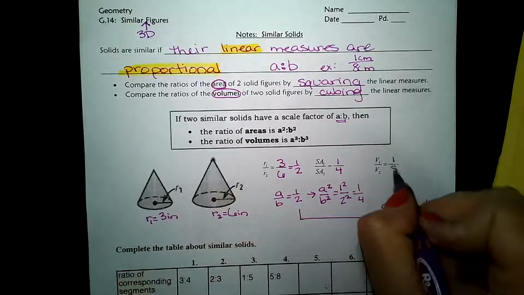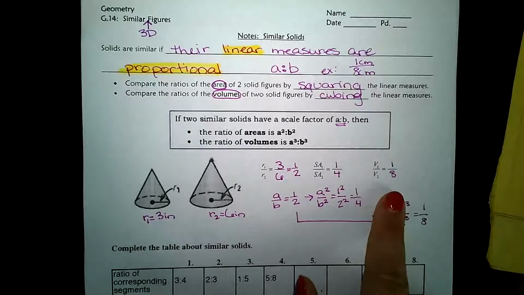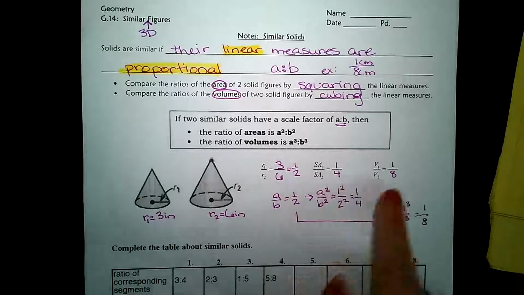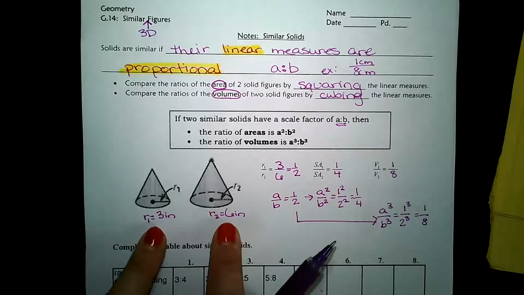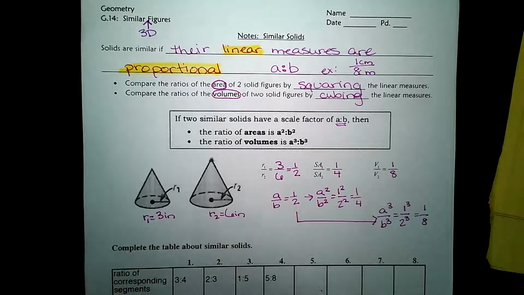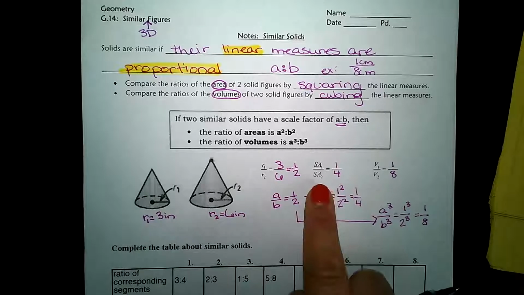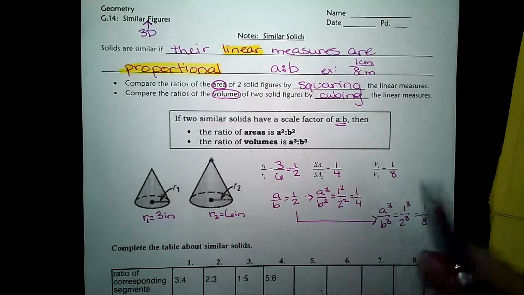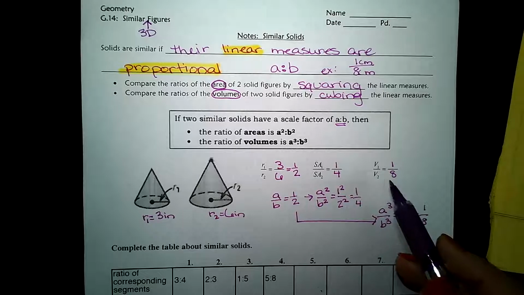So the volumes would have a ratio of 1 to 8. So all three of these use the exact same linear measure, but we're changing it based on what dimension we're working in. When we're measuring a length, that's 1 dimension. When we're measuring areas, that's 2 dimensions, squared. And when we're measuring volume, that's 3 dimensions.